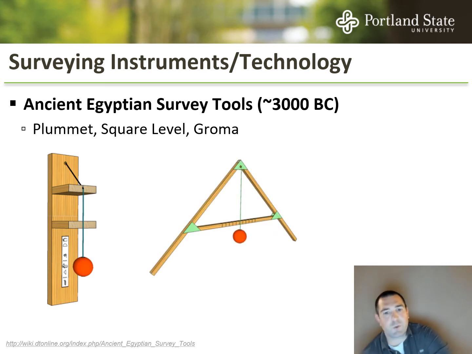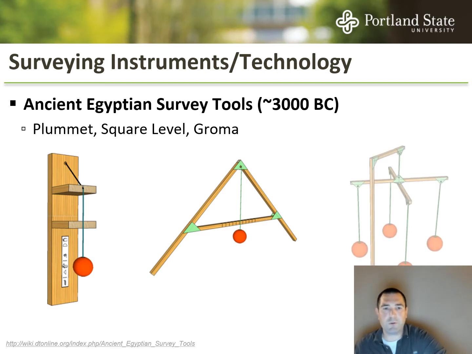There's also something called a square level that uses the basics of geometry and gravity to help you find a horizontal line. There were things like water levels as well that came maybe a few thousand years later, but this is one of the first examples of a true level. And something called a groma.